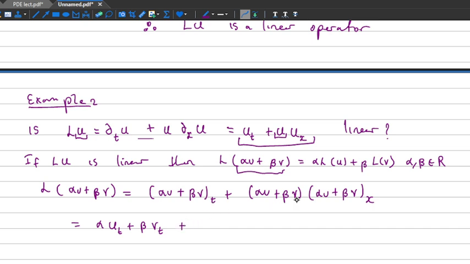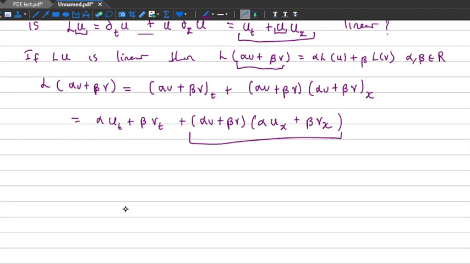Then plus, here we leave it as it is, alpha u plus beta v. Then here we can distribute, times alpha u_x plus beta v_x. So here we would have to multiply, and we'll group the u's alone, and we'll group the v's alone.